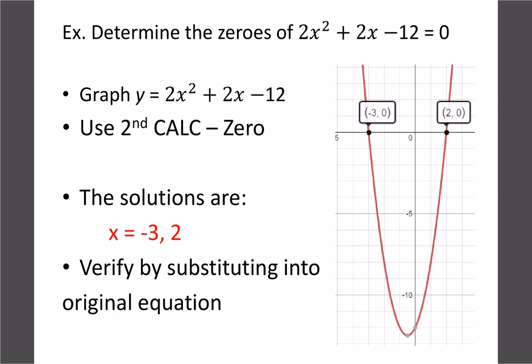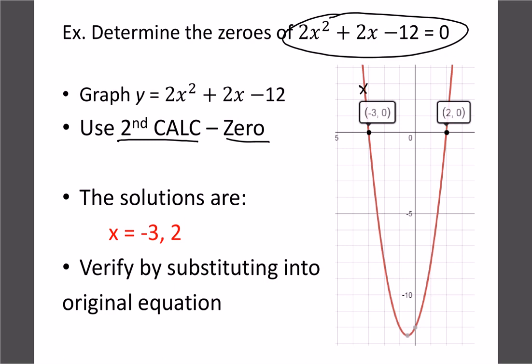So on your calculator, if we get an equation that looks like this, 2x squared plus 2x minus 12, all you have to do on your calculator is graph y equals 2x squared plus 2x minus 12. You'll get your graph that looks similar to what I've got on the page here. Then to actually figure out those zeros, go to second calc, choose 0, that's why it's called 0. And remember, you just got to go left and right.